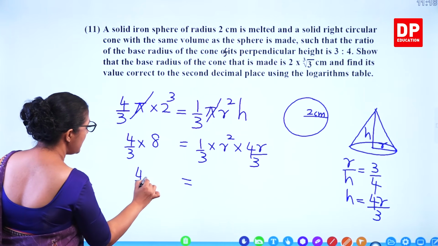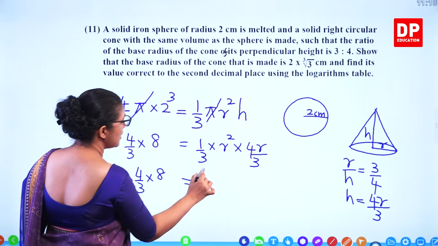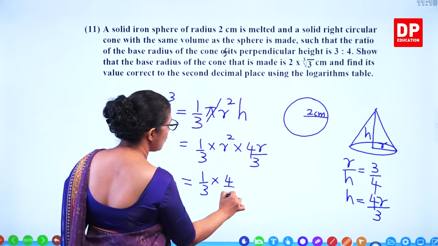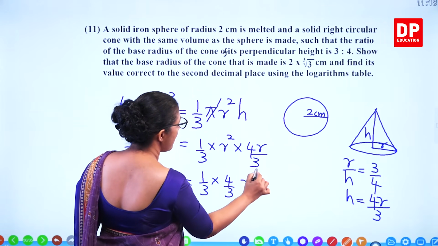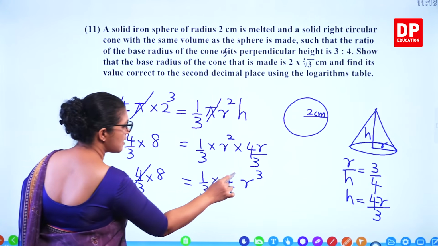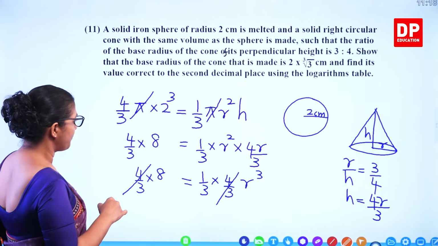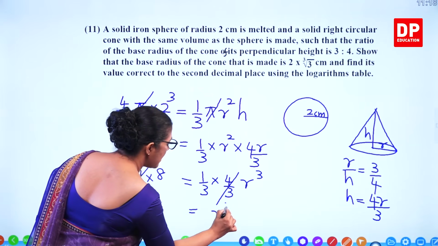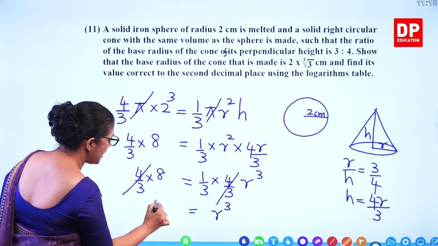4 over 3 into 8. Can you see here? 4 over 3 is also there. R squared and R cube, I can cross out the same thing. 4 over 3. So what's the answer? R cube is equal to 3 times 8.